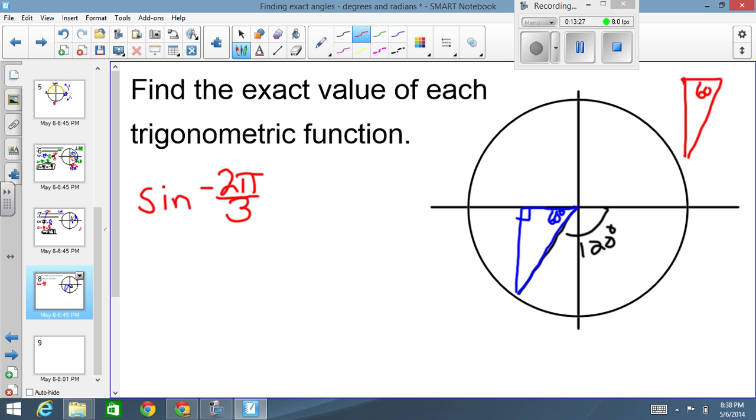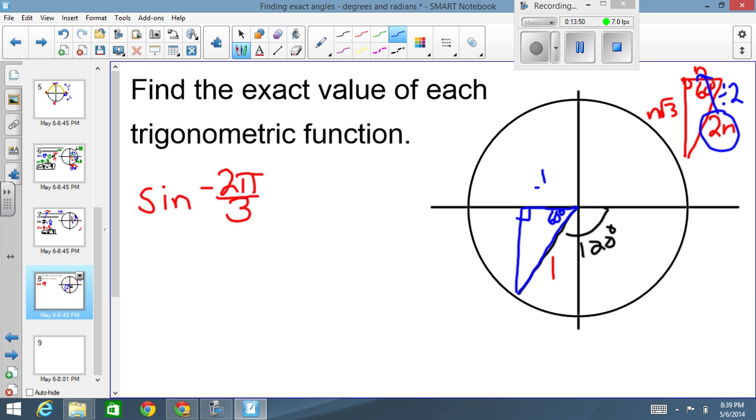This is 60, and this is my 90. My shortest side is n, my hypotenuse is 2n, and my middle length side is n radical 3. In this case, I know that my hypotenuse is 1 because the radii are always 1 in the unit circle. So I'm going from here to here. I'm going to divide by 2.